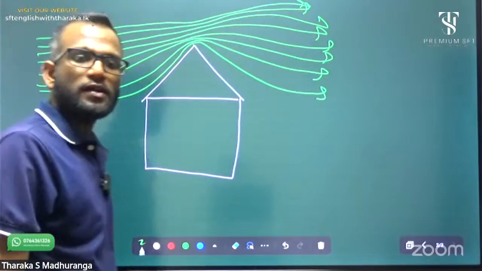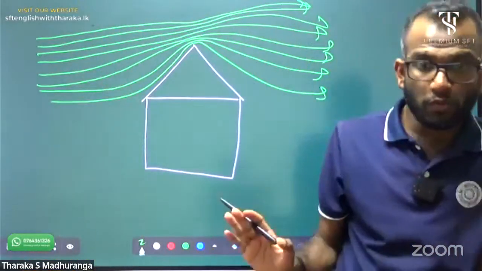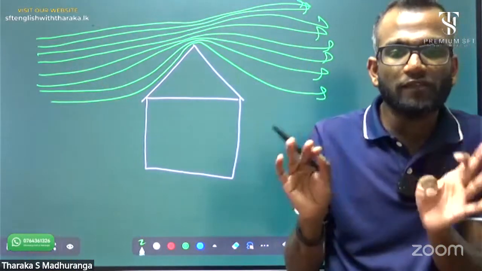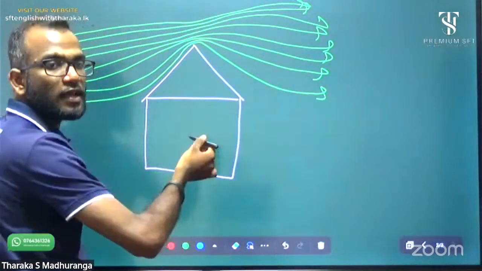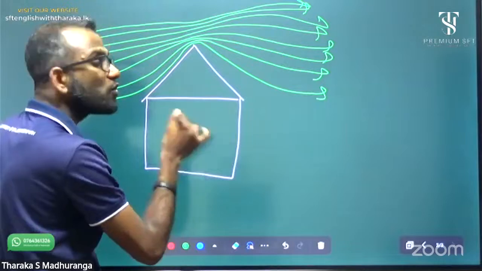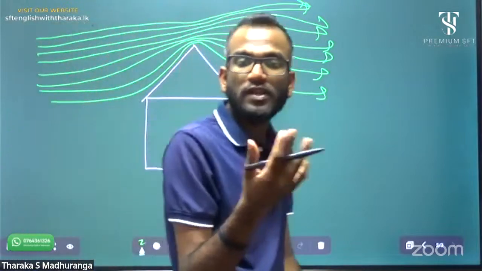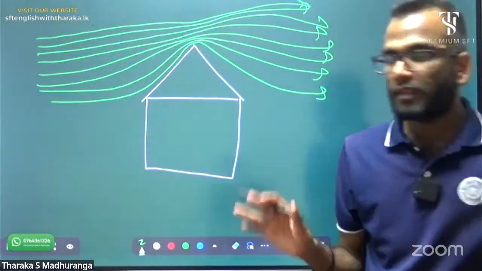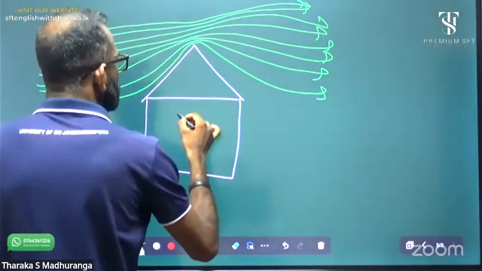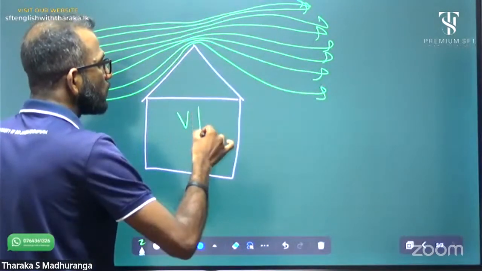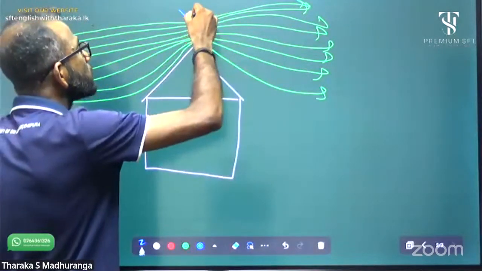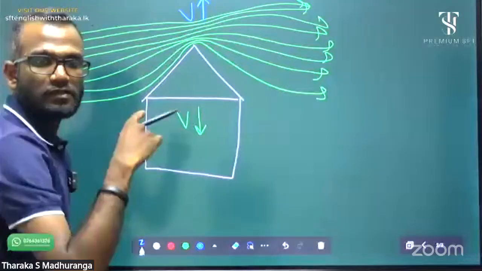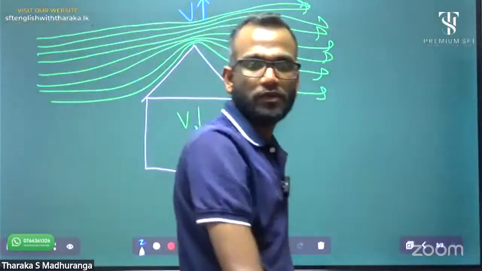But if the doors and windows are closed, inside there is no air flowing, normal condition. Therefore it is very low velocity inside, but outside there is a considerable velocity increase because of the shape of the roof.